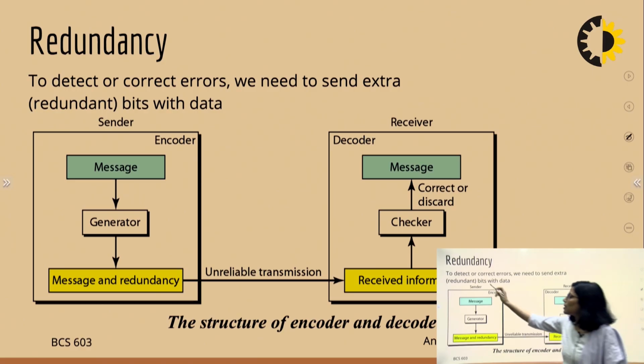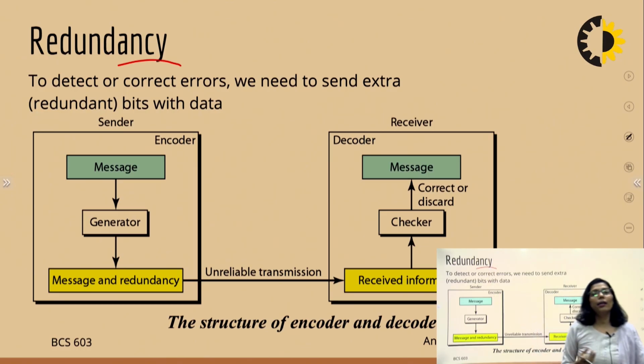The literal meaning of redundancy is extra. So we are adding some extra bits to our message, to our frame, and these extra bits carry some information about the message frame. Whenever this full frame reaches the destination, the receiver can verify from these redundant bits whether the data frame is correct or not.